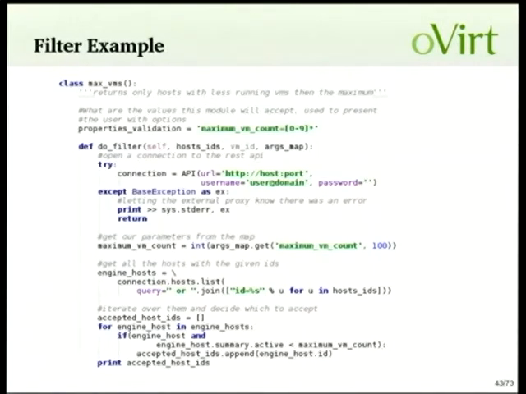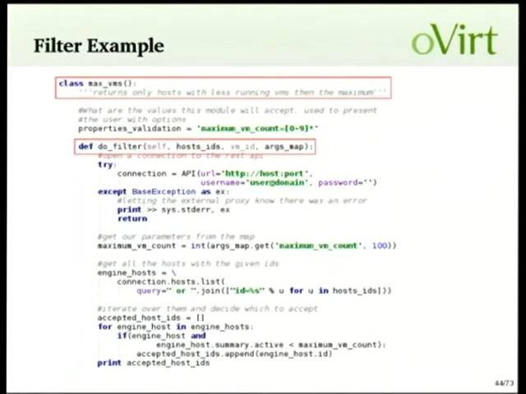I know it's kind of hard to read, but I'll just explain the different parts. The first part is the class definition in Python. It defines the name of the filtering module. It also sets, like if we have a weight module or load balancing module, this will be the name of all those modules. And each kind of module is just a method that we need to implement with a set API.